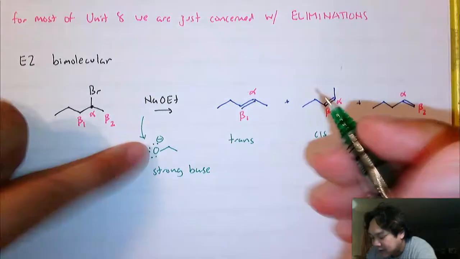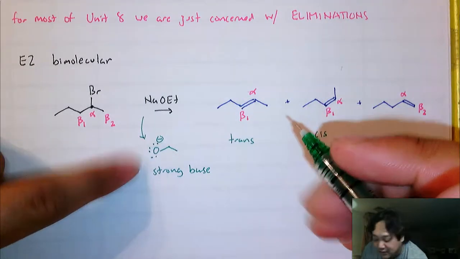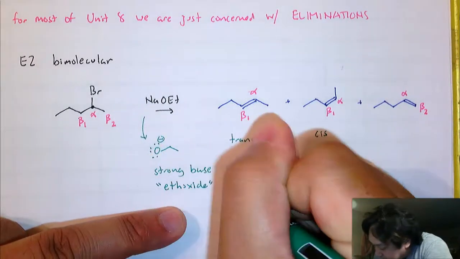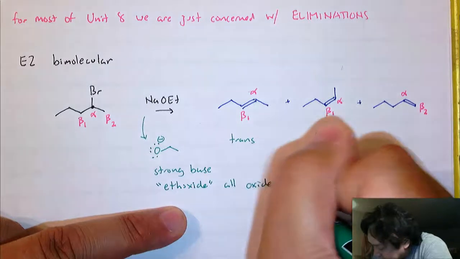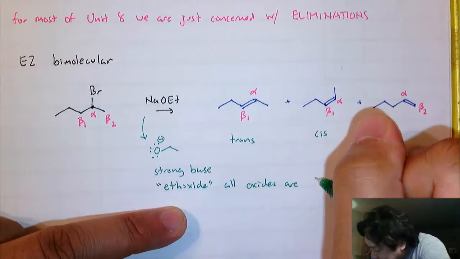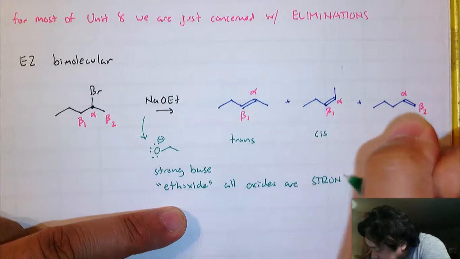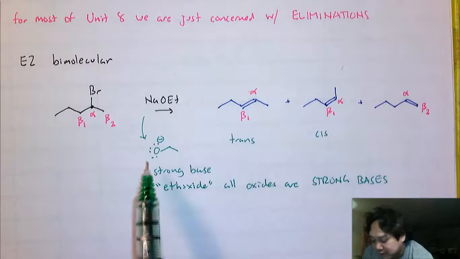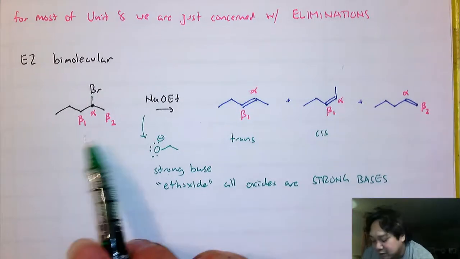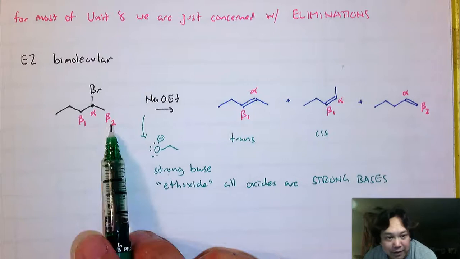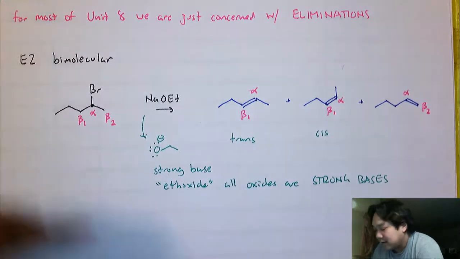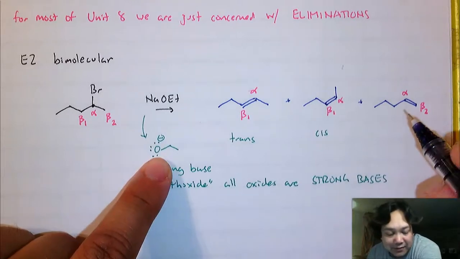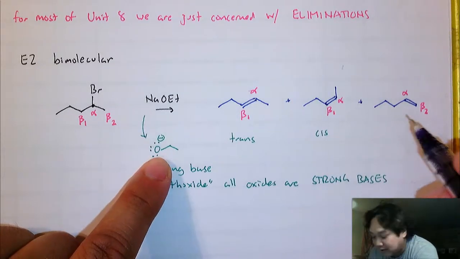And we're going to say that all oxides, this is ethoxide, all oxides are strong bases. And we are eliminating. That strong base is going to grab one of these protons, either off of the beta 1 or off of the beta 2. So that could be ethoxide, it could be methoxide, it could be propoxide, okay, any oxide.